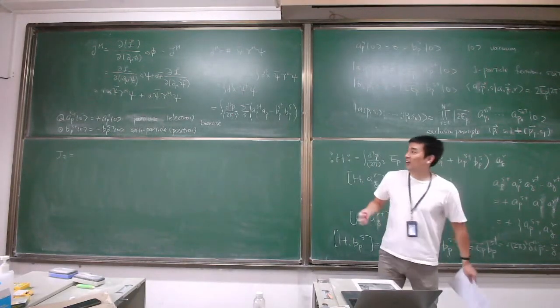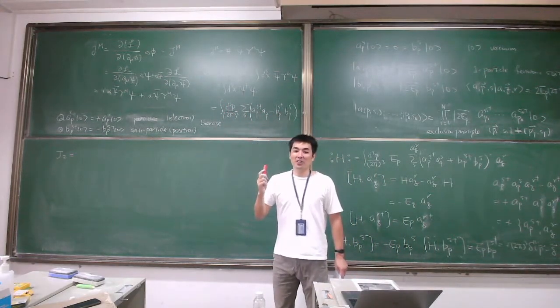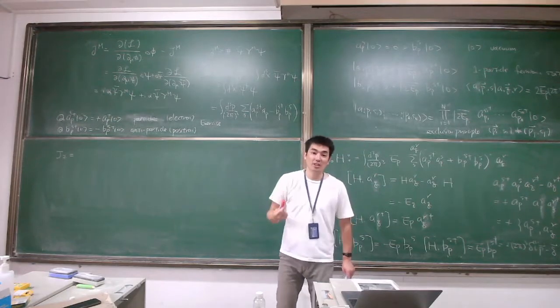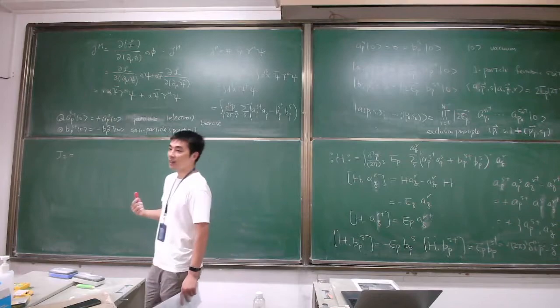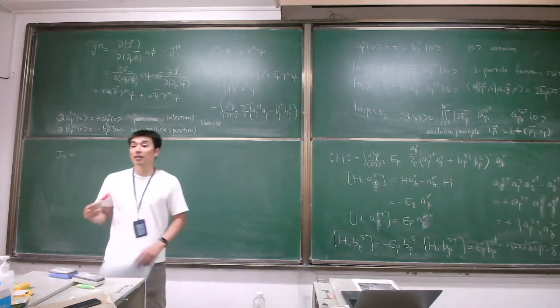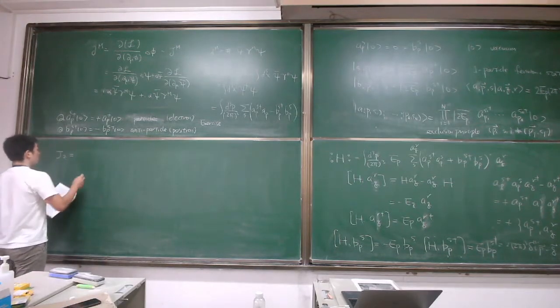Since the Dirac Lagrangian is Lorentz invariant, you can consider the Lorentz transformation or spatial rotation, and then construct the corresponding Noether charges.